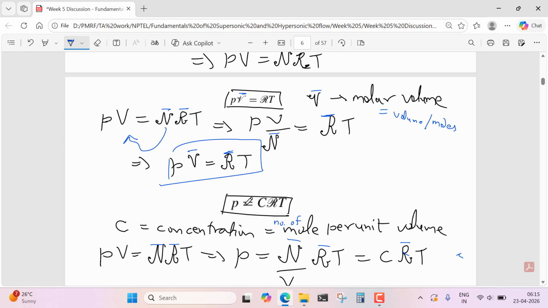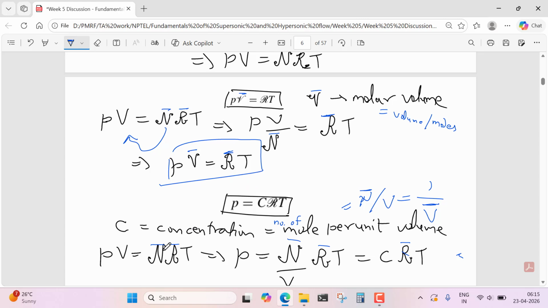Another form is P equal to C R T, where C is the concentration, and concentration is given by number of moles per unit volume, n bar upon V. And if you see from here, it is the reciprocal of molar volume.